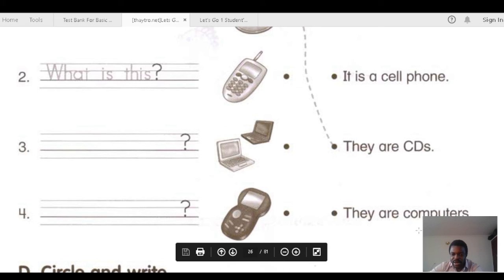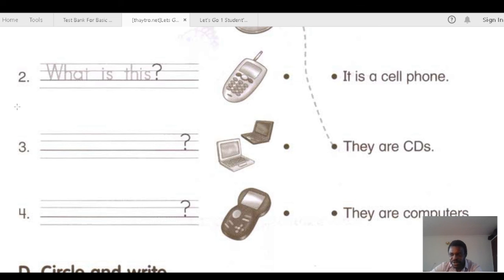They are computers. I am, you are, we are, they are, he is, she is, it is. Where do we use it? We use it for objects, for things, for animals, when we don't know their gender. Then we use he and she.